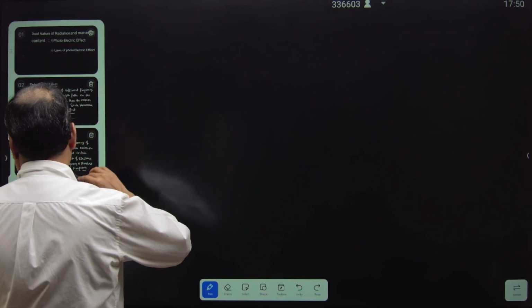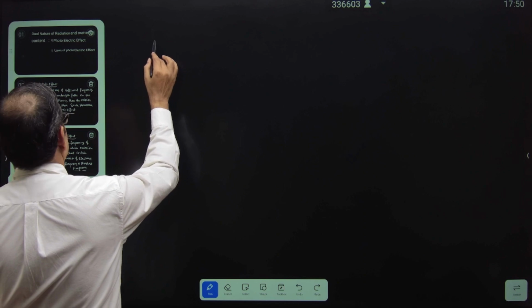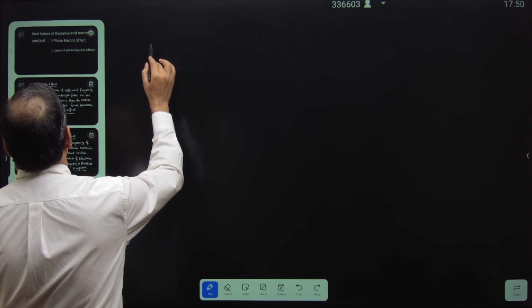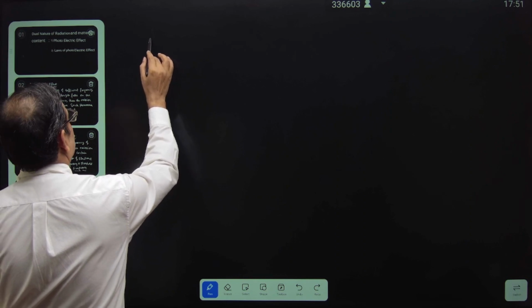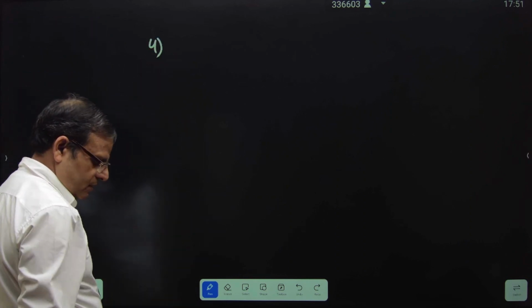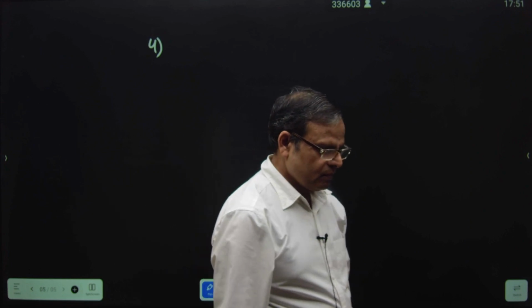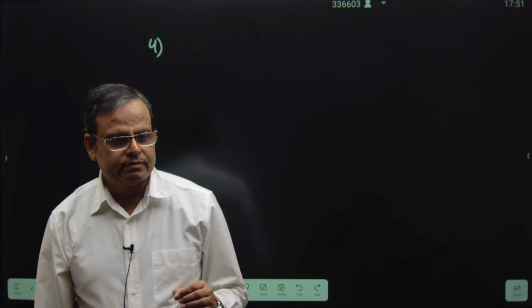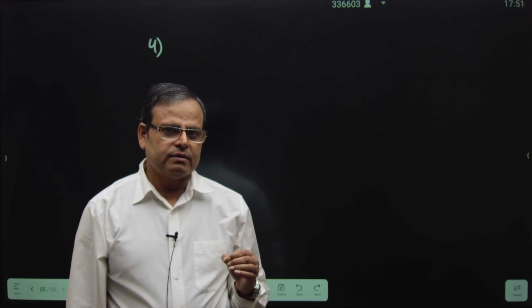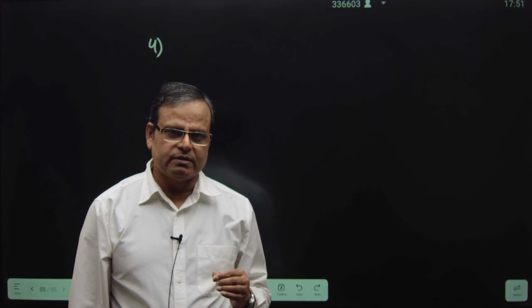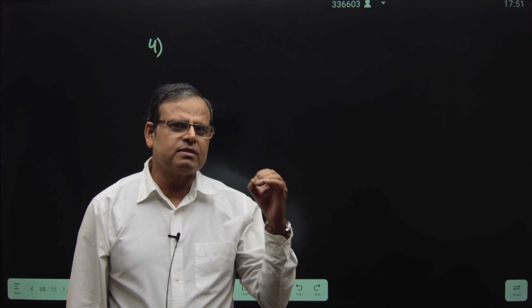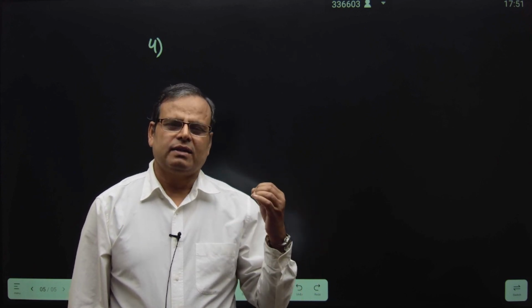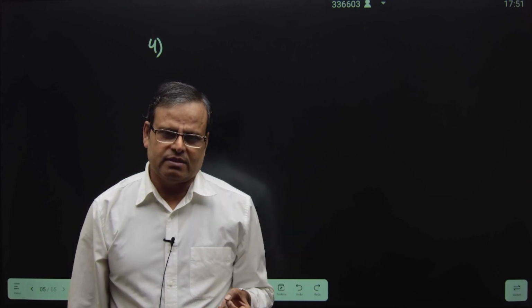Now the next one is, at the moment light falls on the surface, emission of electron takes place. Means the photoelectric emission is an instantaneous process.